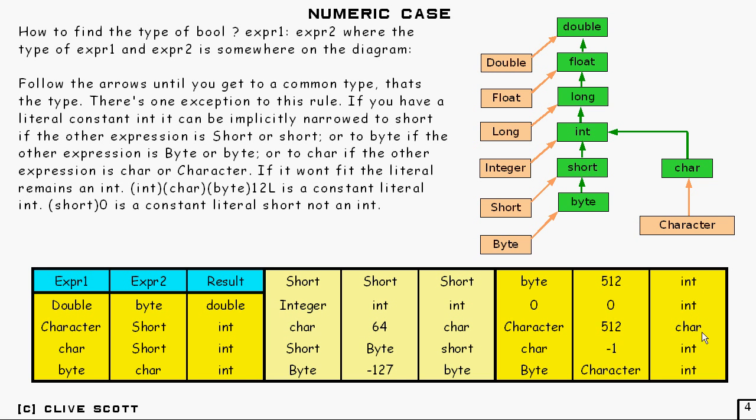It stays as an int, and therefore it's going to be widened up to there, and you've got the resultant type of int. 0 and 0, that is an int, because 0's by default an int, and so it has a look at the other type, and the other type's int, so it's not a byte, short or char or anything like that, so it can't be narrowed at all, so it's int. It's basically int and int.